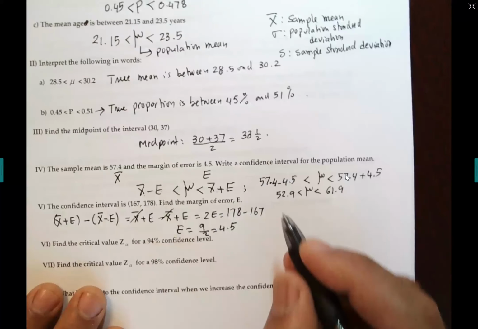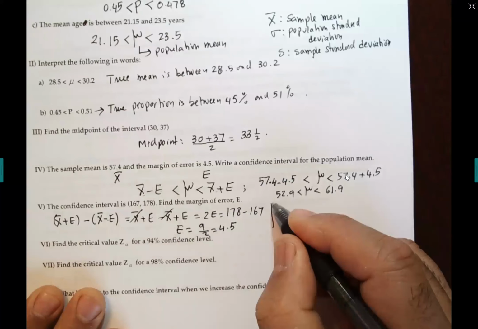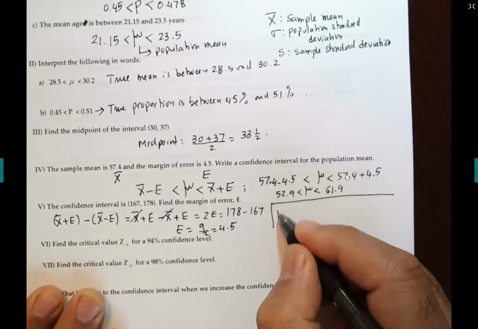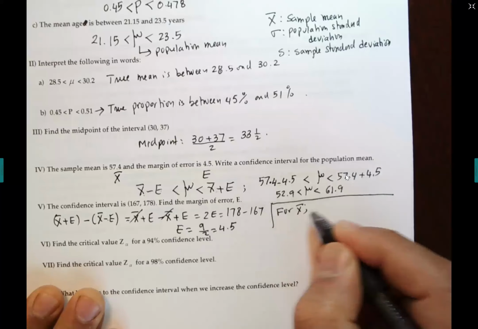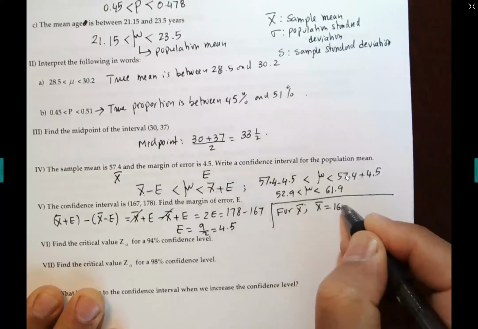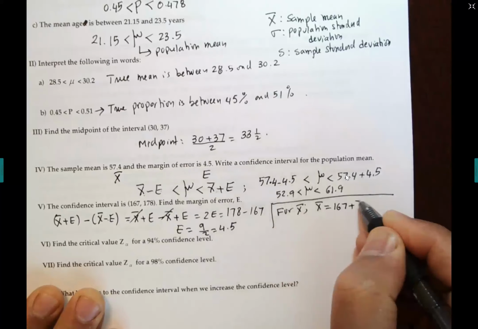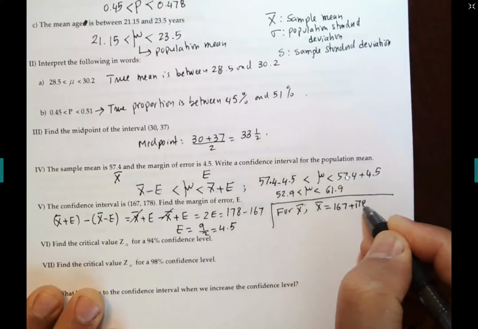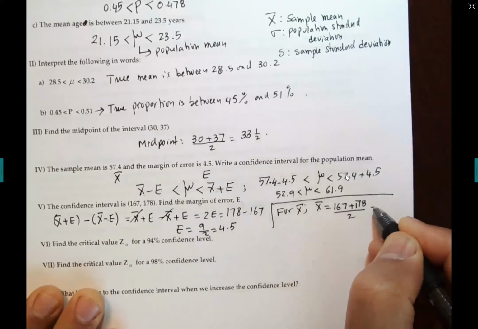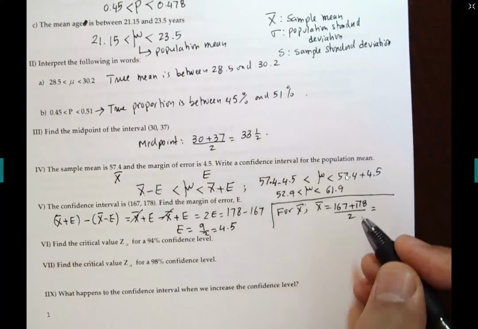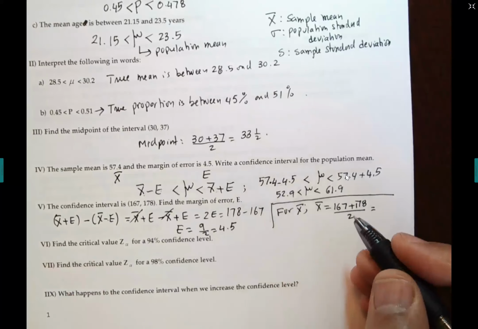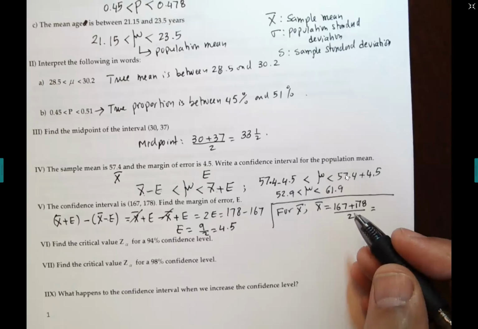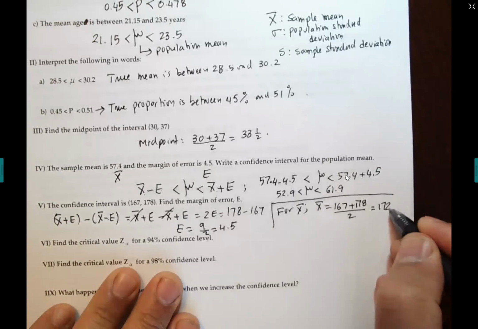So let me just add this here. For X bar will be equal to 167 plus 178 divided by 2. Which is what, guys? 167 plus 178, and then divide by 2. 172.5. That is X bar.